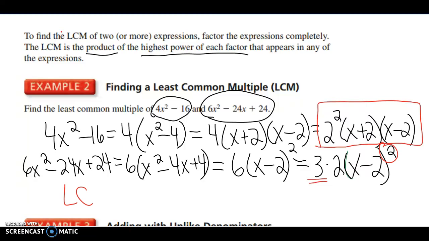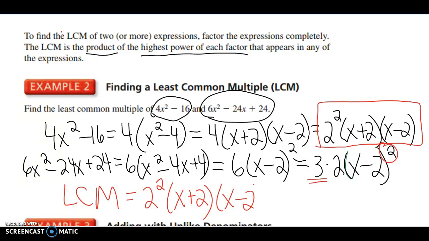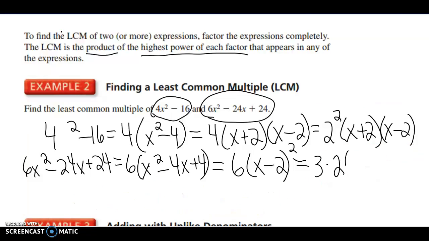So my LCM of these two things is going to be 2 squared times x plus 2 times x minus 2 all squared times 3. And I should have put the 3 at the front. So if I do 2 squared, then I'll have x minus 2 squared.